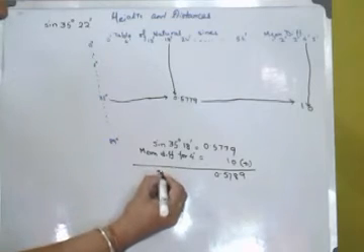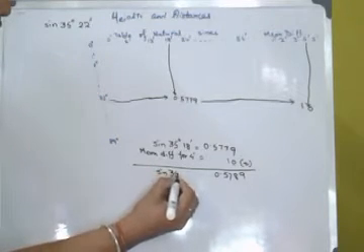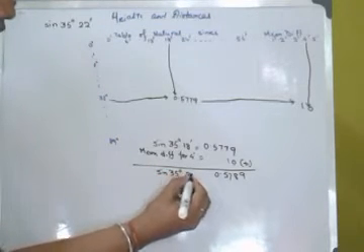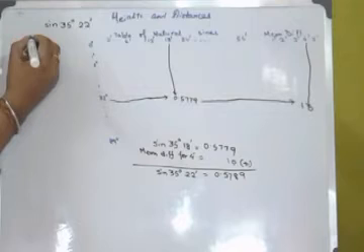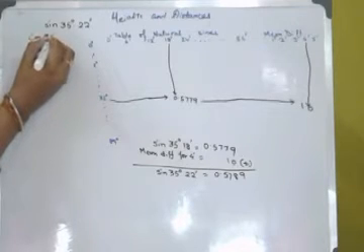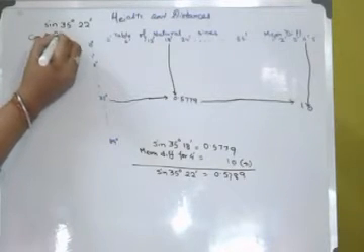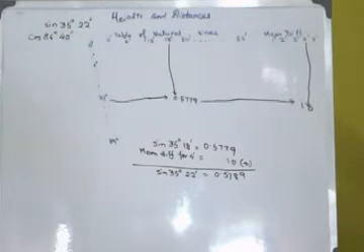So sin 35 degree 22 minutes value is 0.5789. Now if we find the value of cos 86 degree 40 minutes.